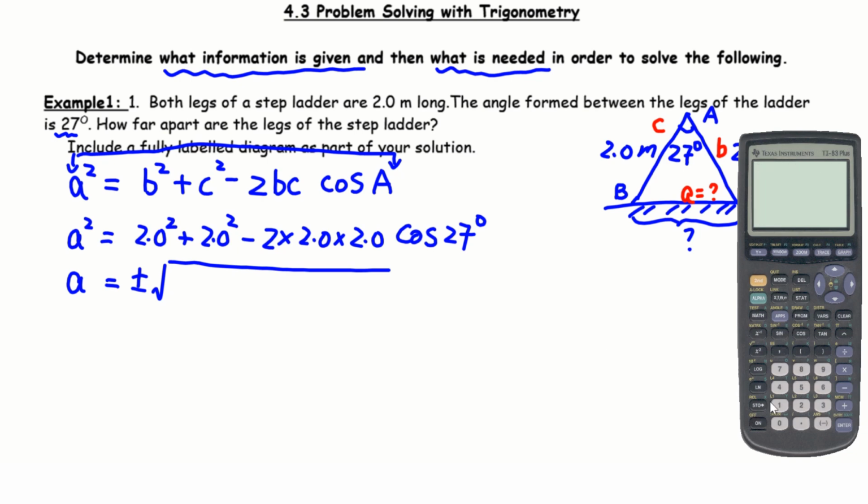So we are going to type in 2 squared plus 2 squared minus 2 times 2 times 2 times cosine 27, then press enter.